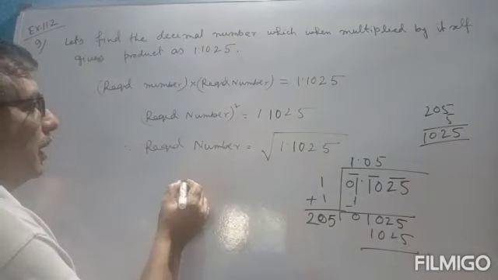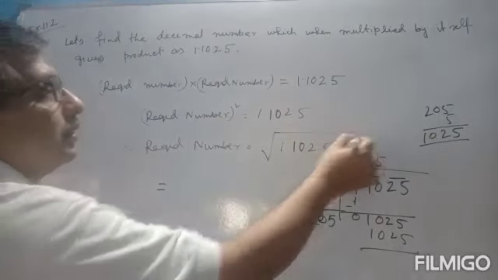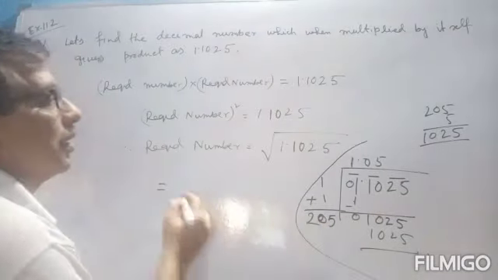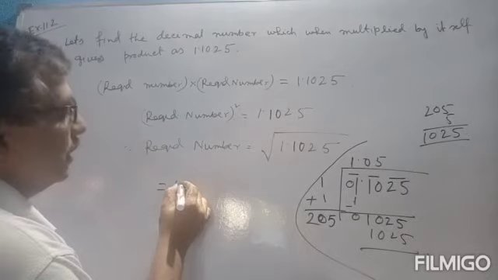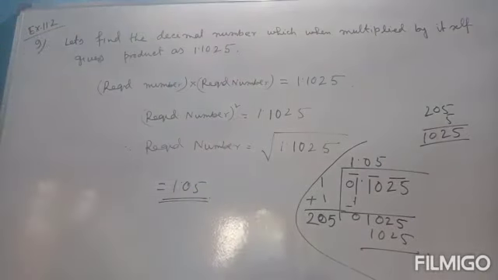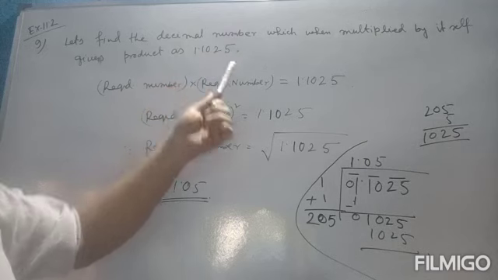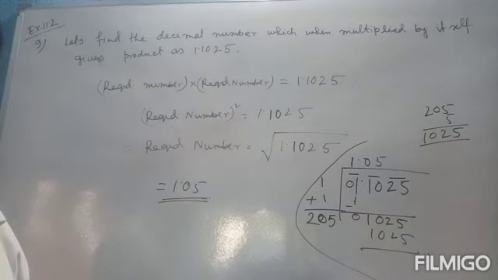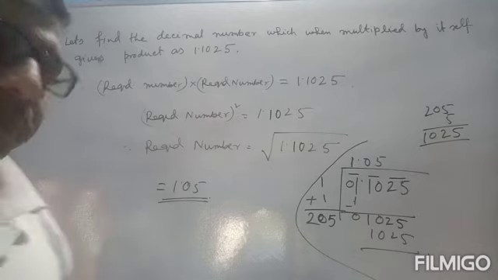So the required number is nothing but 1.05. This is the answer. If we square 1.05, then we get 1.1025. The required number is 1.05. That's all.